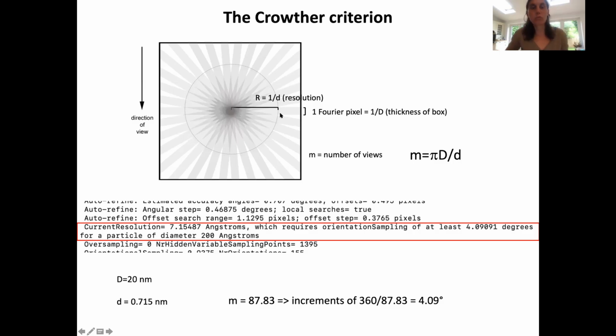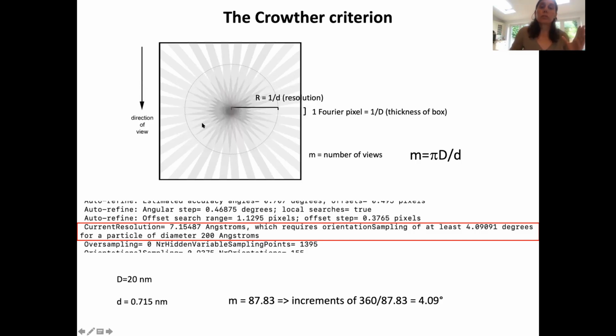Again, we can use the usual formula to know what resolution this is. And this Crowther criterion is important in tomography because, for a given tilt increment and a given tilt range, it allows us to know from one individual tomogram what's the maximum resolution we can possibly achieve.